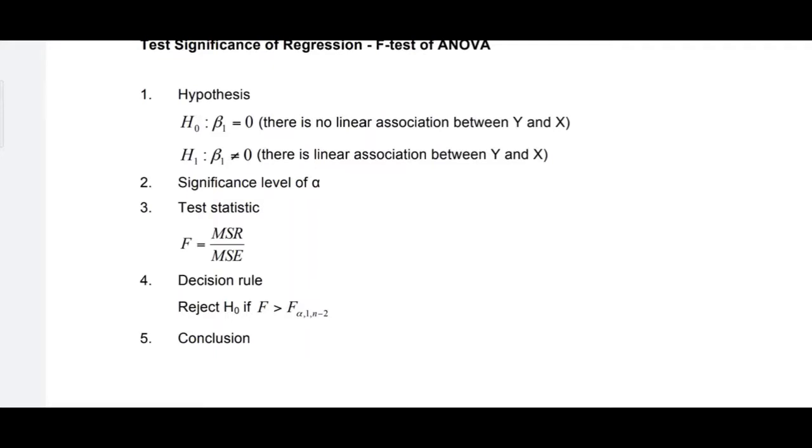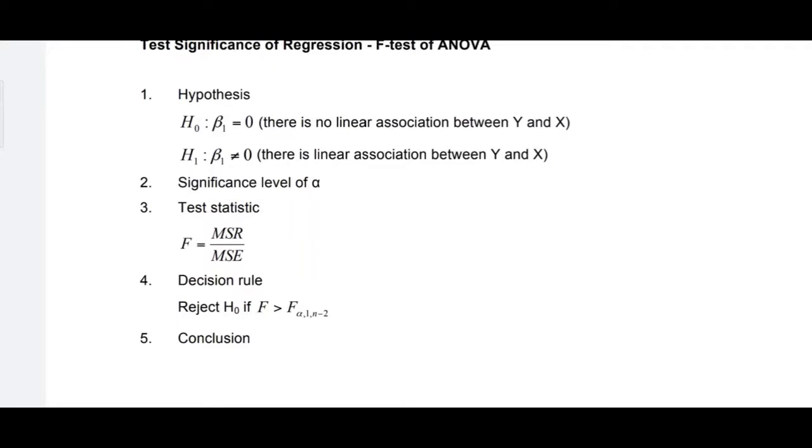So if we fail to reject H0, we accept H0, which means that the regression function or regression model is not significant, and there is no linear association between y and x. When we reject H0, we accept H1, beta 1 not equal to 0, which means we have the value of beta 1, the slope. So we have the regression line, and we can say that the regression model is significant.